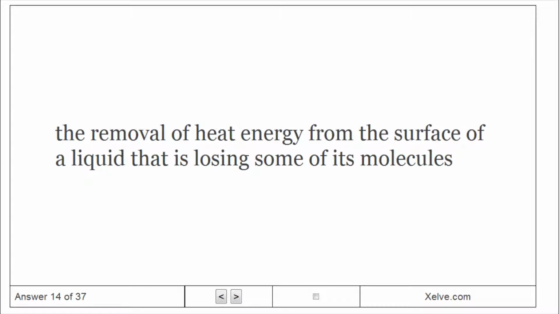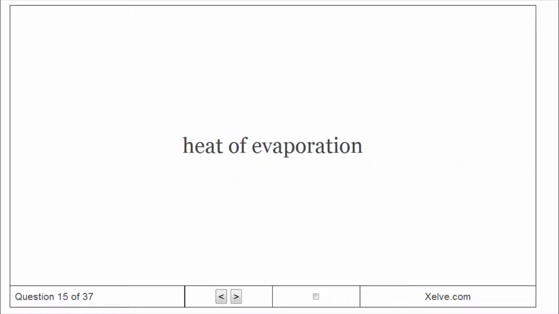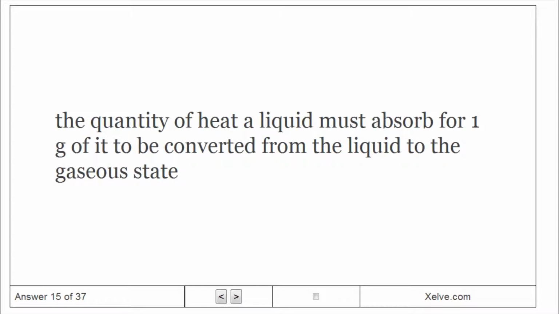The removal of heat energy from the surface of a liquid that is losing some of its molecules. Heat of evaporation. The quantity of heat a liquid must absorb for 1 gram of it to be converted from the liquid to the gaseous state.